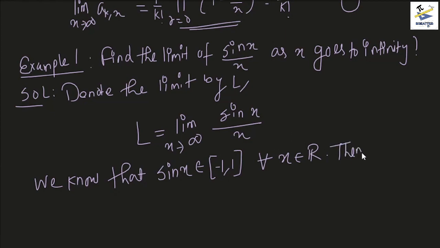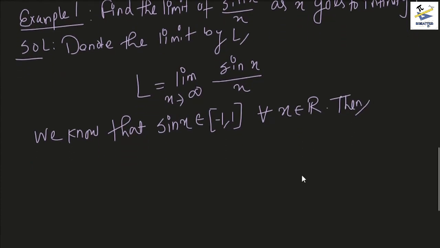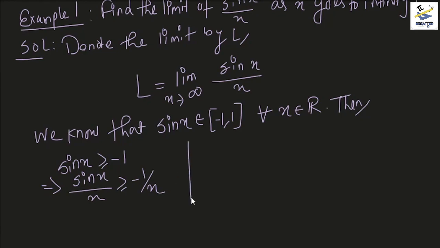Then we can see that sin x is greater than or equal to -1, then sin x by x should be greater than or equal to -1 by x. Similarly, sin x is less than or equal to 1, then sin x by x should be less than or equal to 1 by x, right?